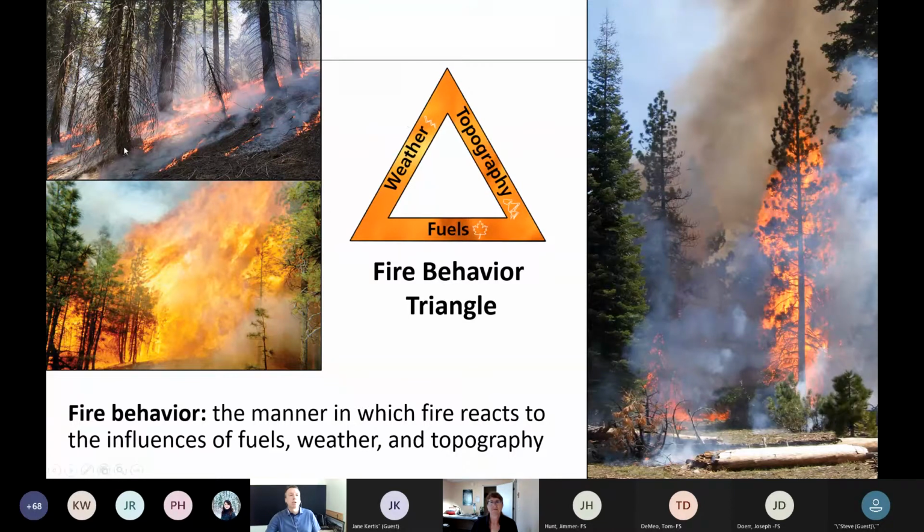It also includes whether we're seeing primarily surface fire behavior, which Jane described, active crown fire with fire transmission from crown to crown in the overstory, or torching, so fire burning up into tree canopies, and passive crown fire intermixed with potentially surface fire behavior. So again, fire behavior refers to all the ways fire interacts with the characteristics of the landscape and the weather conditions that it's burning under.